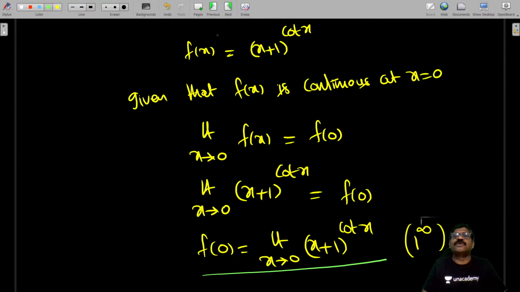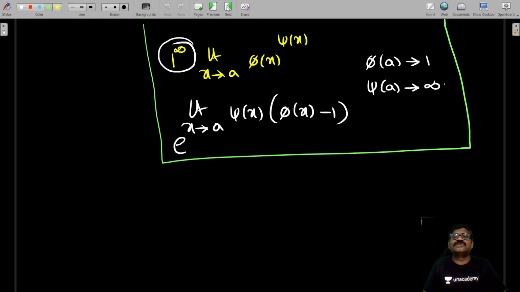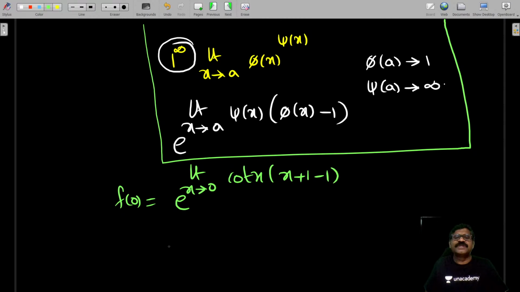F of 0 equal to, because it is in the form of 1 power infinite, therefore f of 0 equal to e power limit x tends to 0 cot x multiplied with x plus 1 minus 1. That is nothing but e power limit x tends to 0 cot x into x.